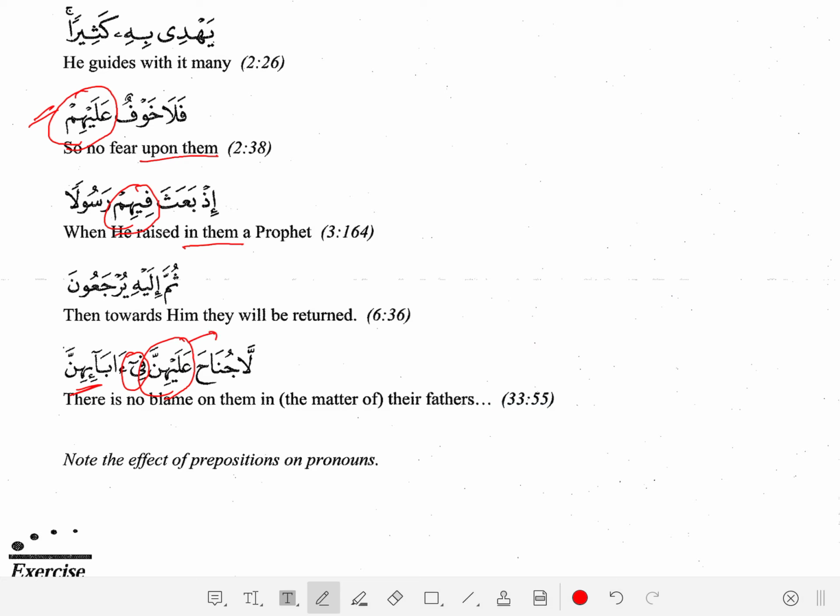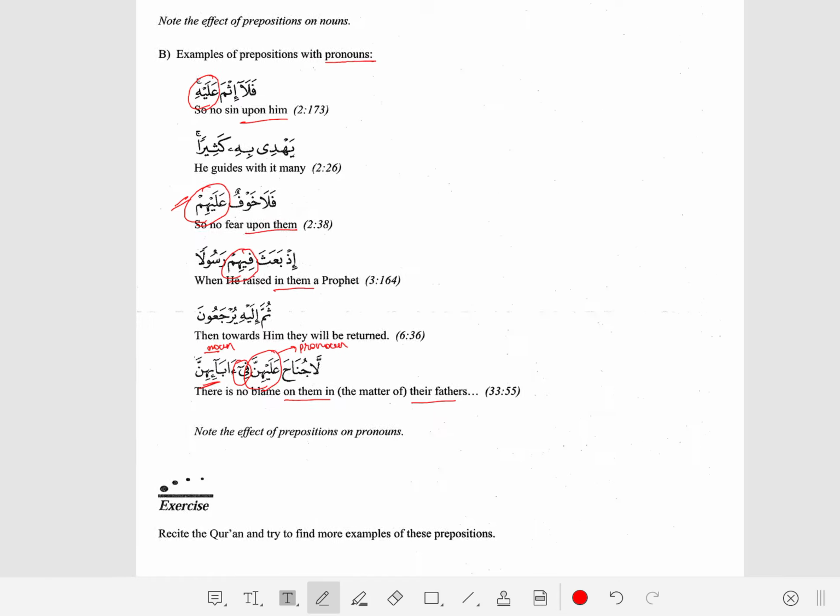This one is attached to a pronoun, and here you have a noun, abaihinna. So alayhinna, on them. Abaihinna, in their fathers, yeah.